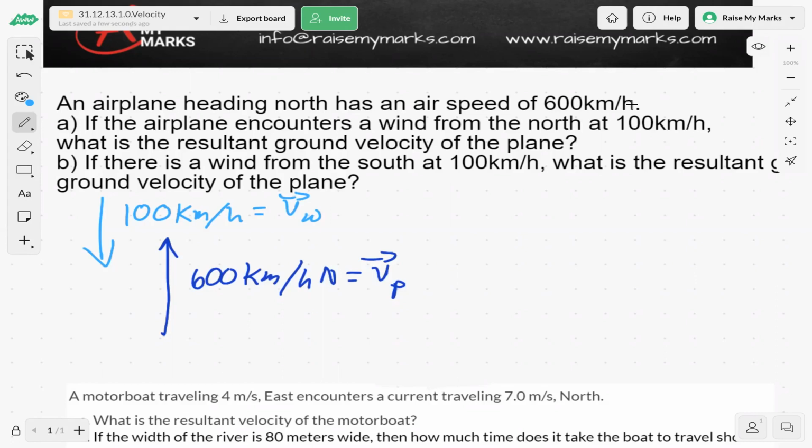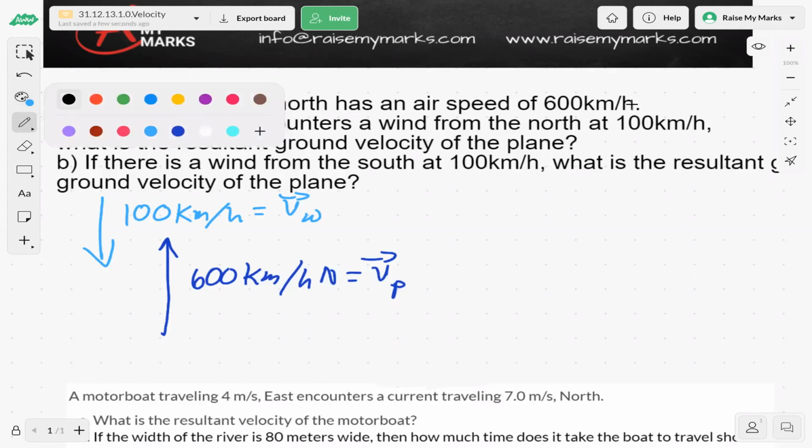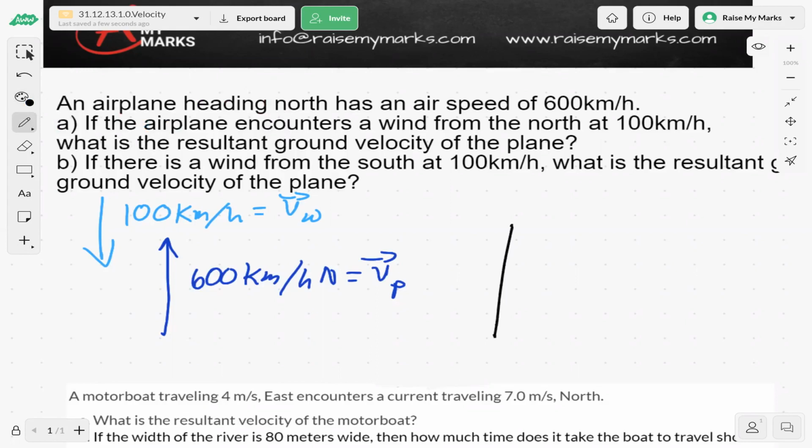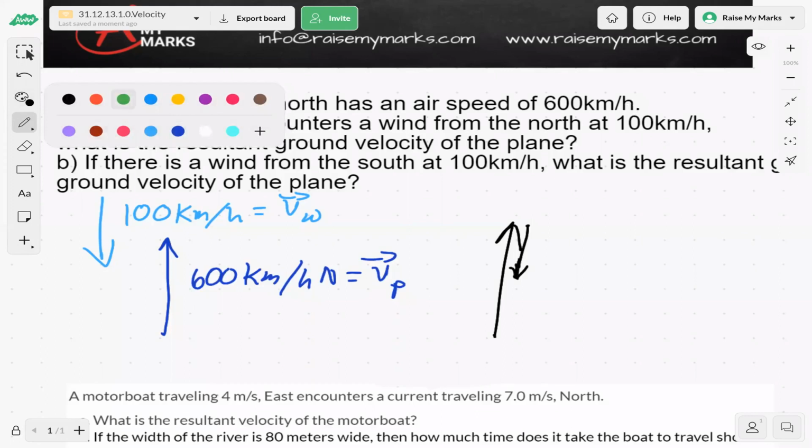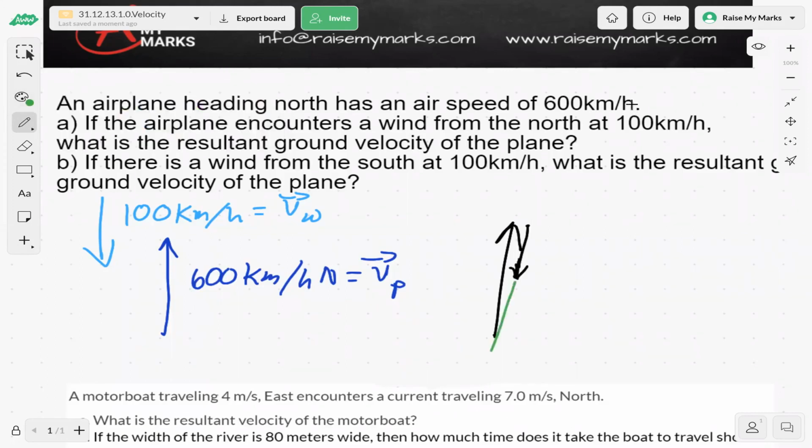So what is the resultant ground velocity of the plane? Now we need to add our vectors together. Let's use a different color. Our plane is going north, our wind is actually going south, so our resultant vector is this green one.